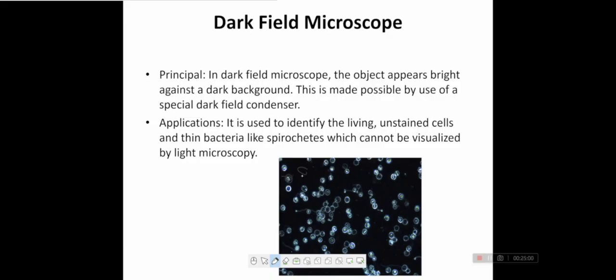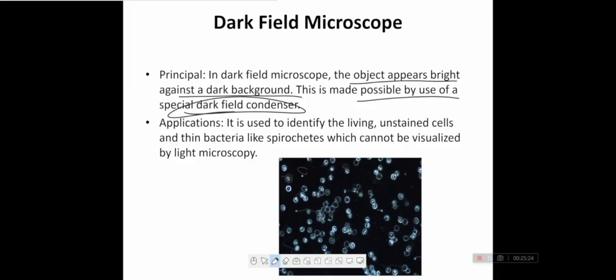Clear? What is the principle of dark field microscopy? In dark field microscopy, the object appears bright against a dark field. This is made possible by the use of a special dark field condenser. What is the application?